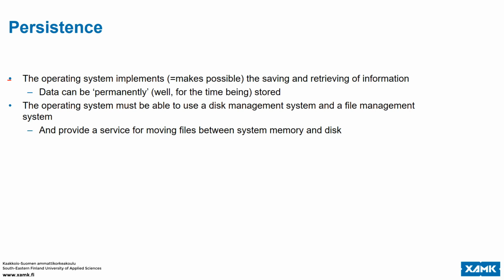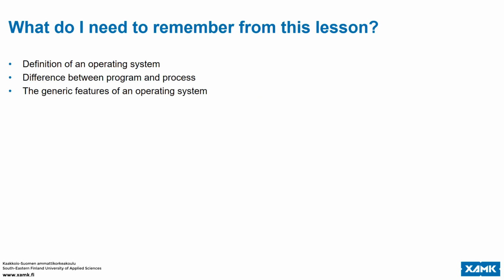In practice, what we have to implement within an operating system is a disk management system and a file management system. And then we need to provide some mechanisms for moving files between system memory, RAM, and disk or hard drive. We will discuss each and every one of those main tasks and how they might be implemented in later lectures.